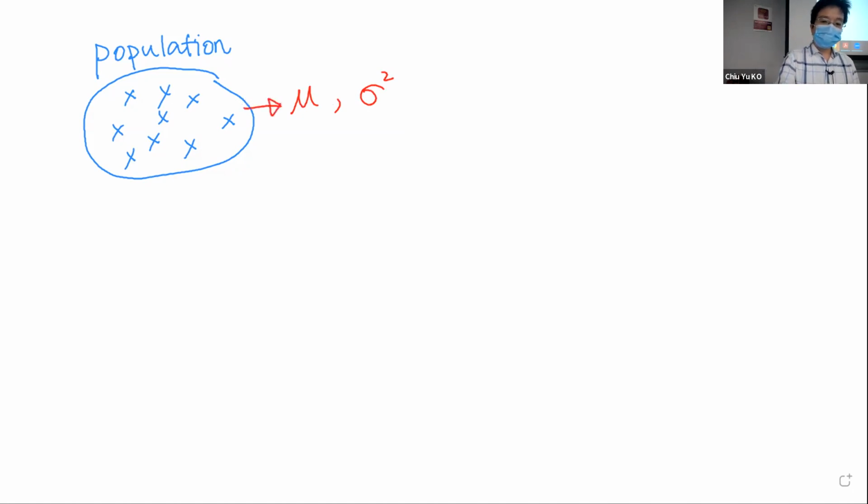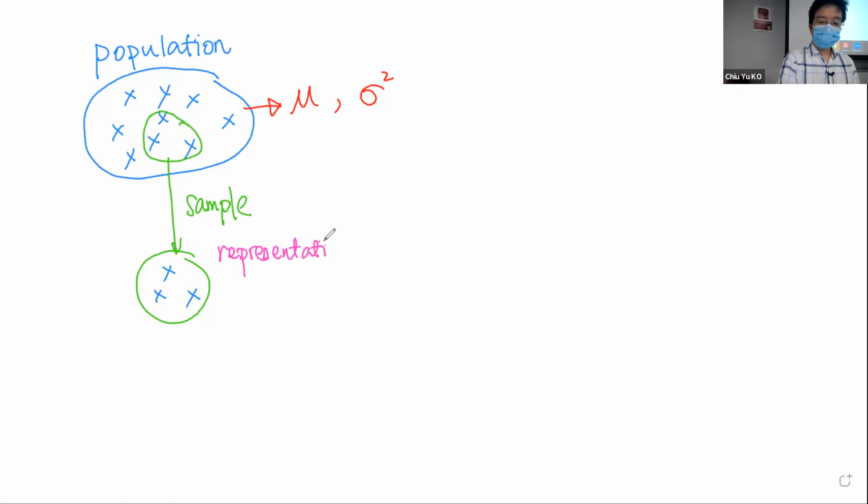The problem is you don't, so we basically take something out. That is called sampling. For the sample to be meaningful, we want it to be representative. And to get a representative sample, we need a random sample.